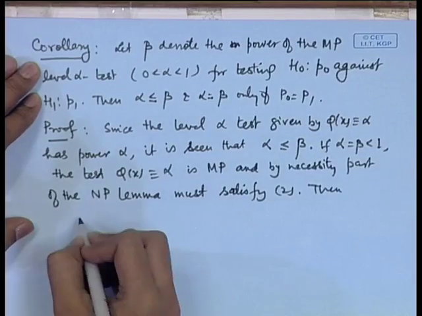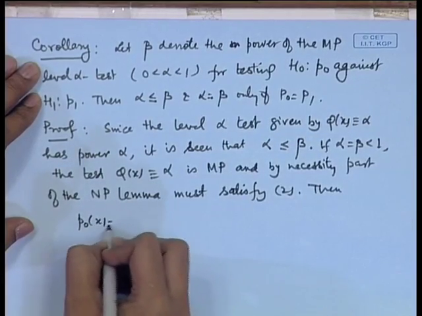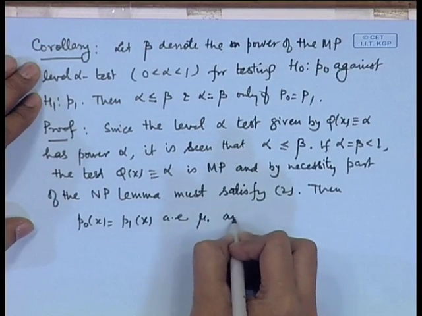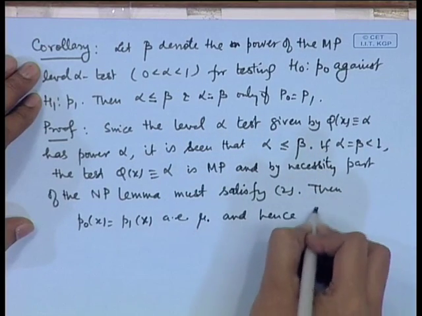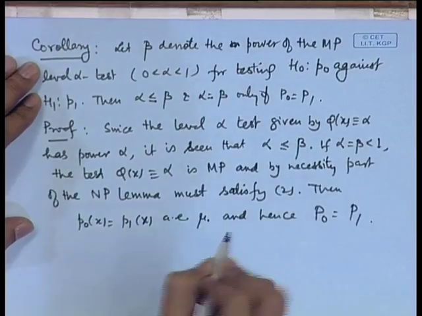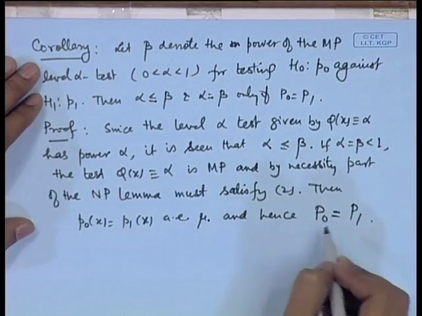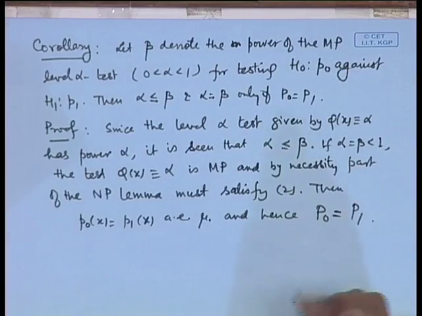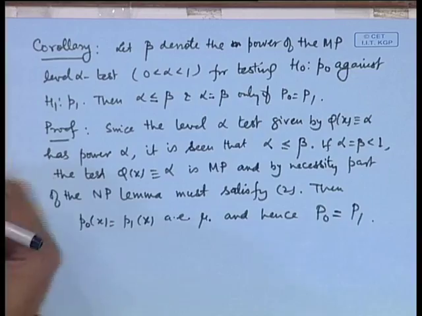If it satisfies 2, then P naught x is equal to P 1 x almost everywhere mu, and hence you must have P naught is equal to P 1. That means, basically there is no testing problem. If the null and alternative hypotheses are same, then the testing problem is dissolved actually. That means, there is no inference problem left here.